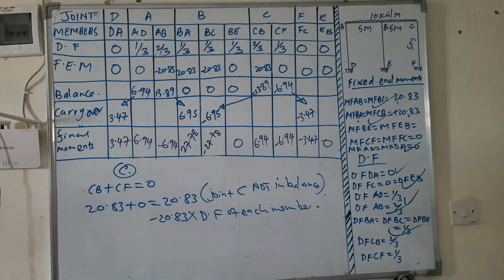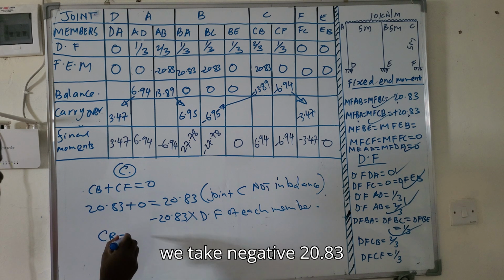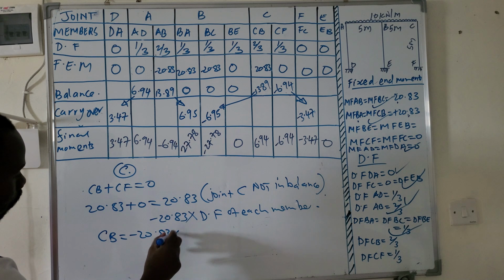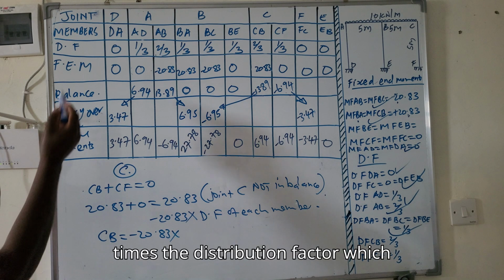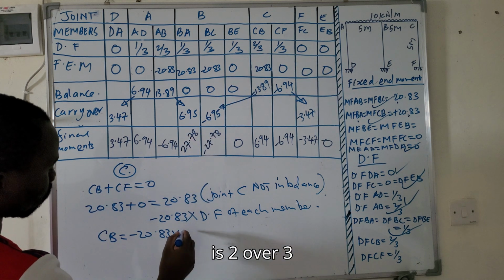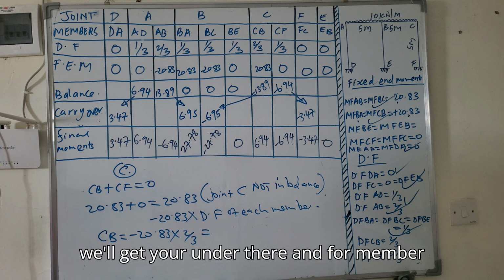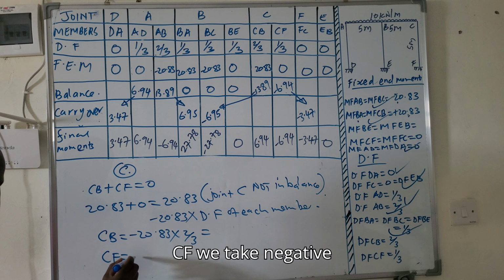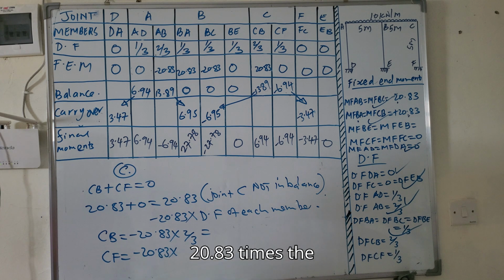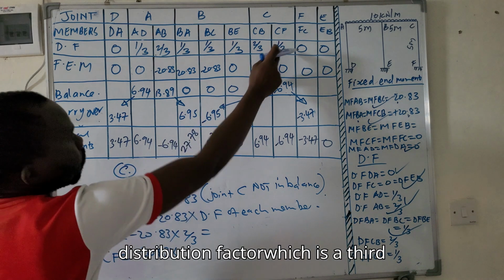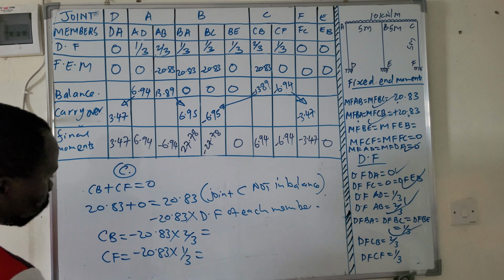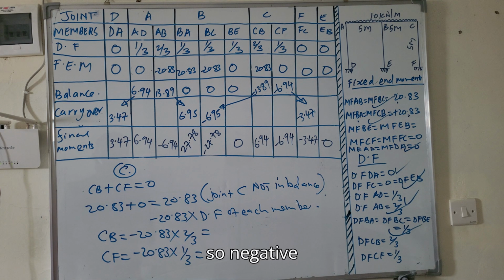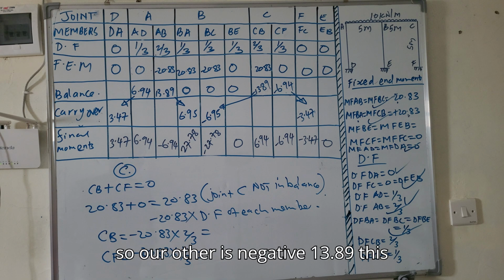So for member CB, we take negative 20.83 times the distribution factor, which is 2 over 3. You'll get your answer there. And for member CF, you take negative 20.83 times the distribution factor, which is a third. So negative 20.83 times 2 over 3, our answer is negative 13.89.